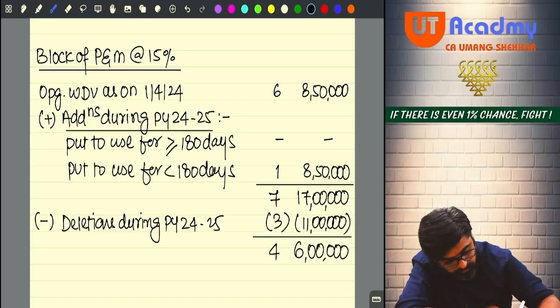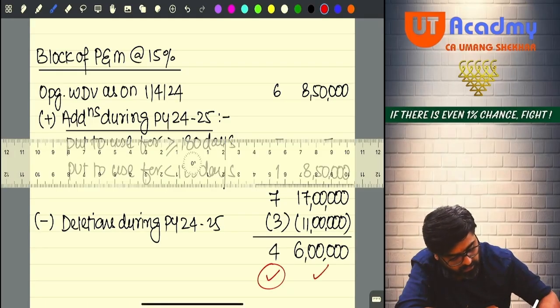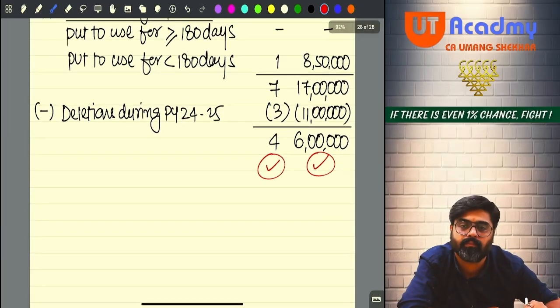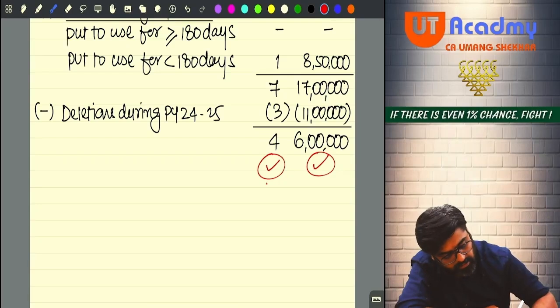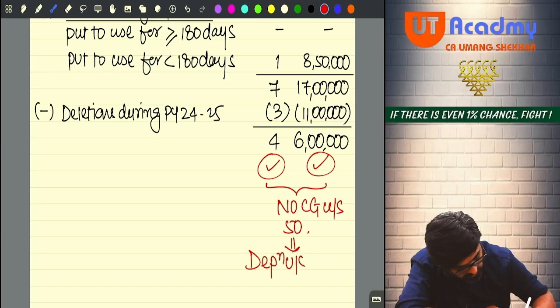Now tell me, are there still assets in the block as at the end? Yes. Is the value also there? Yes. Now in this case, no capital gain can arise under section 50. Here the depreciation under section 32 will come.